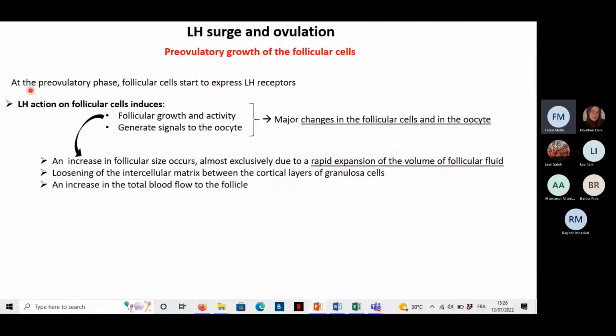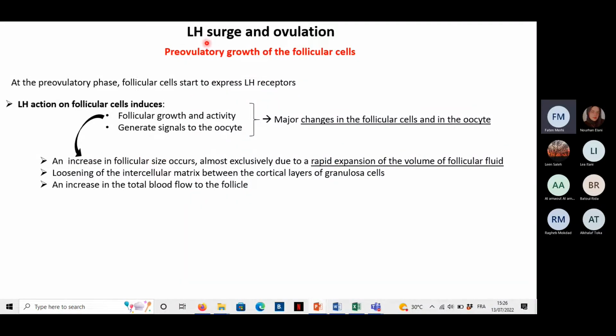Now, as we have said, at the pre-ovulatory phase, the follicular cells will start to express LH receptors. The LH action on the follicular cells will induce a follicular growth and activity. And this follicular growth is due mainly to an increase in the size of the antrum due to an expansion of the follicular fluid. The volume of the follicular fluid will increase, and thus the size of this antral cavity will increase, and that's why we now have this increase in the follicular size.